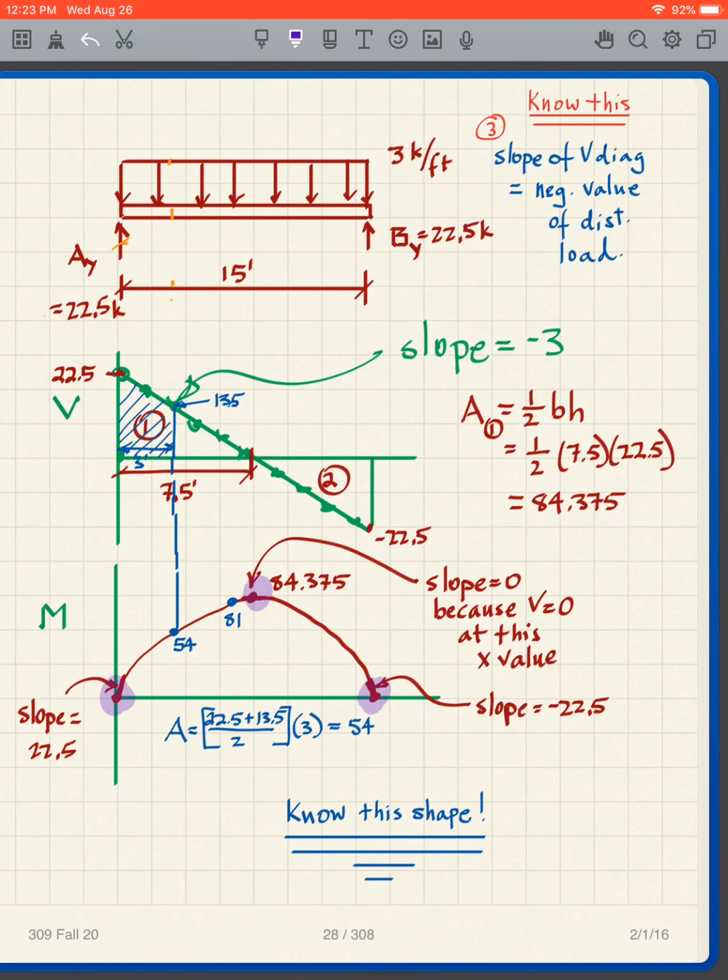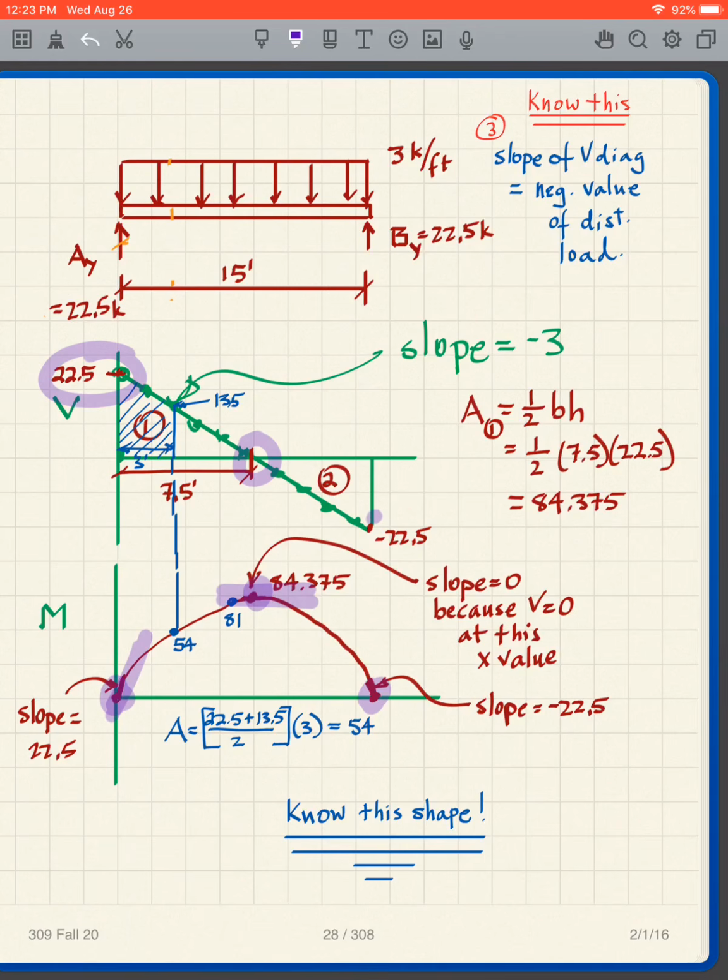So let's look at the value of the shear. The value of the shear here is 22.5, so I know that the slope is 22.5. I'm just drawing a very steep slope there. The value of the shear here is 0, which means the slope there is 0.